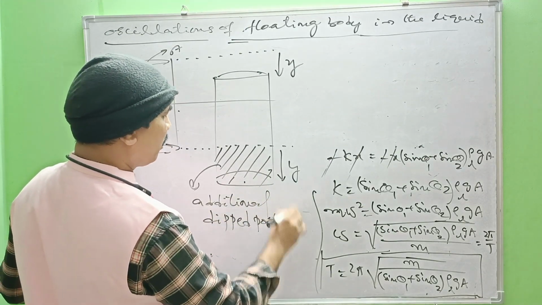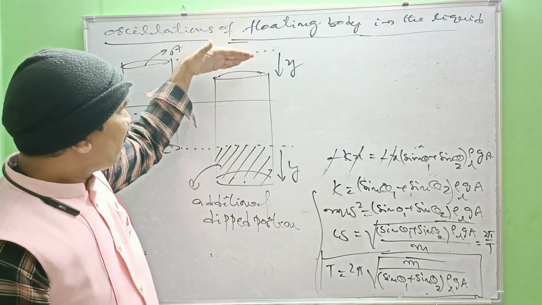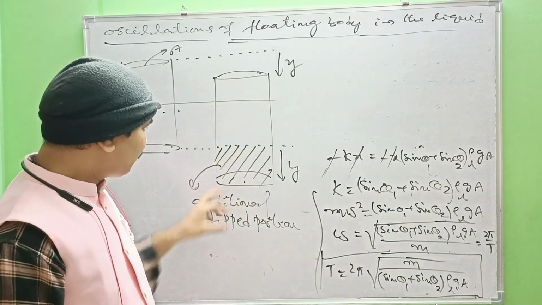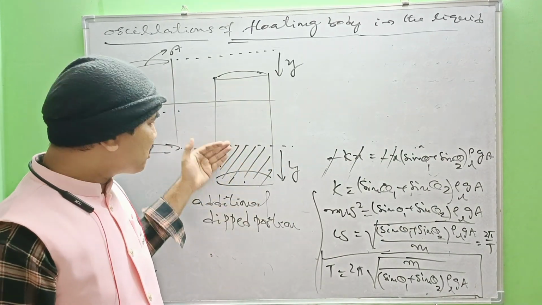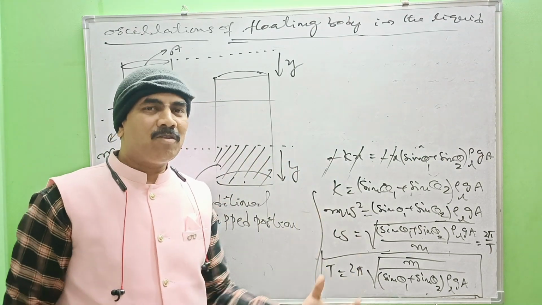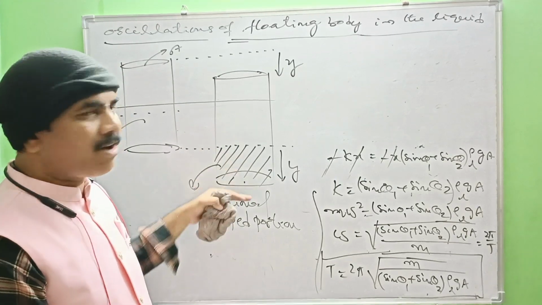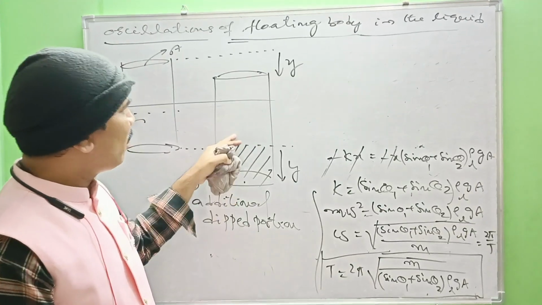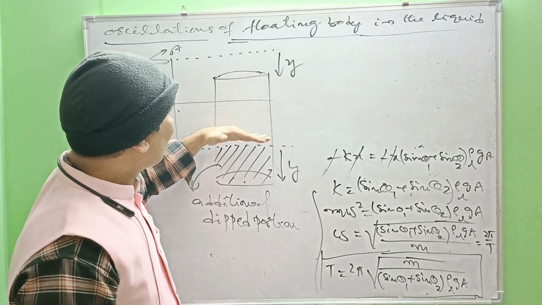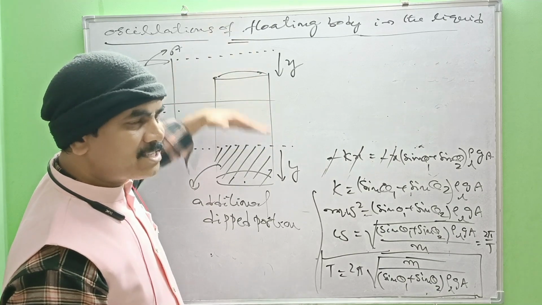So whenever this body is further dipped into the liquid and left to itself, this additional dipped portion of the body is acted upon by some buoyant force which causes a restoring force on the body to get back to its previous position, but because of inertia it crosses the mean position and continues oscillations on either side of the mean position.